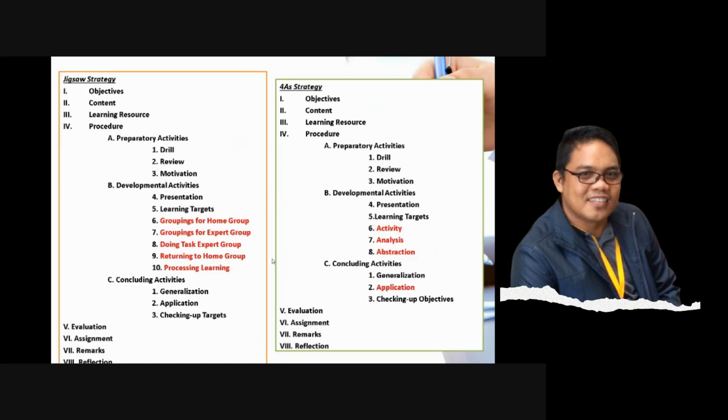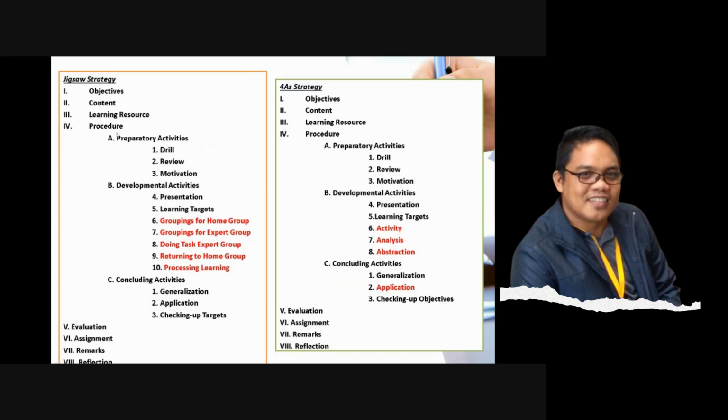this one. Okay, look at this one. 6 strategy and 4 strategy, different strategy, but the format is the same from Roman numeral 1 to Roman numeral 8. Okay, objectives, content, learning resource, procedure. Under the procedure is iba-iba na.